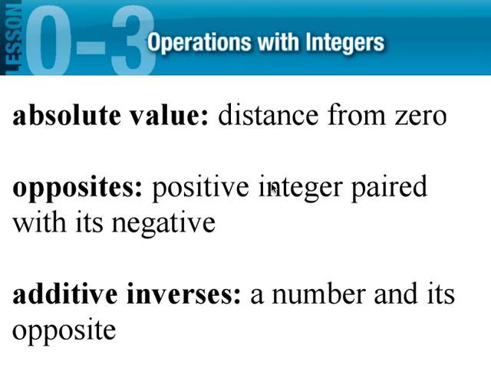Now when you learned about absolute value first, what were you always told to do with absolute value? You remember that? There were those two vertical lines.